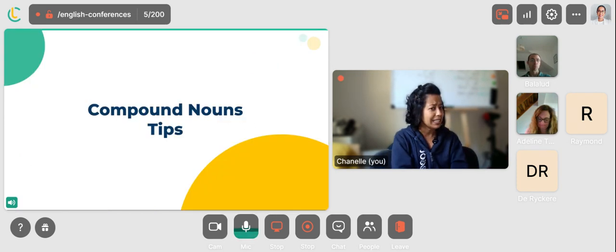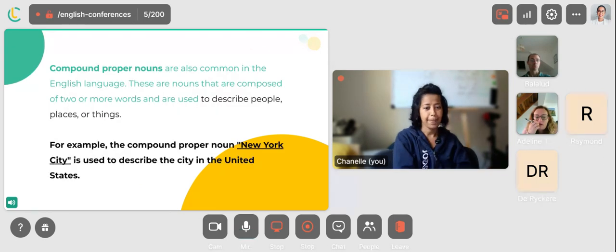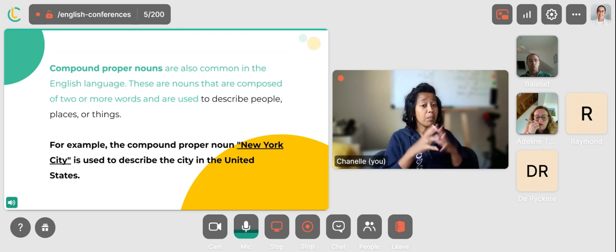So let's look at some tips on how to use compound nouns. Compound proper nouns are also common in the English language. These are nouns that are composed of 2 or more words that are used to describe people, places, or things.